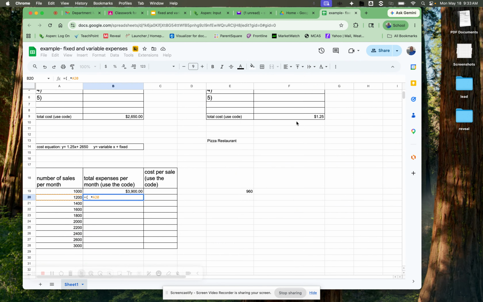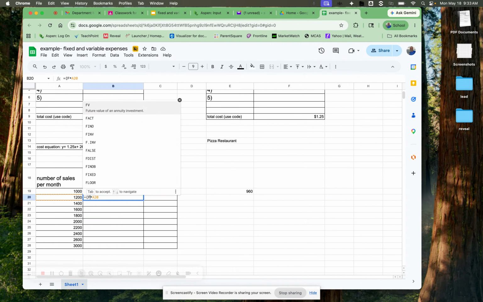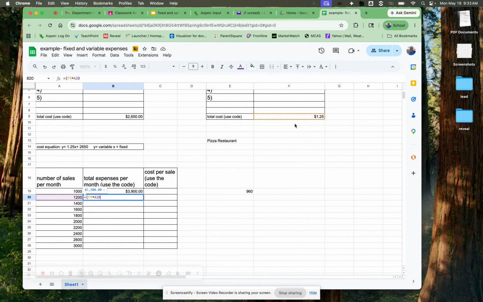Instead of 1.25, I'm going to put F9. So it's using this number here times this number, and it's going to add on my fixed expenses, which is B9. So you're going to do that for all these different expenses by using this equation to figure out how much it costs per month.